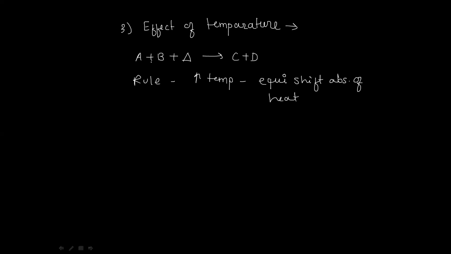Now in this reaction, if you increase the temperature, where will it go? It will go where heat is absorbed. You must know that when heat is present in the reactant, the absorption of heat is known as an endothermic reaction. And if heat is present in the product, it is known as exothermic, that is, heat is evolving.